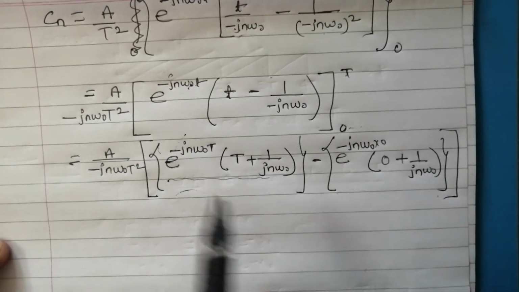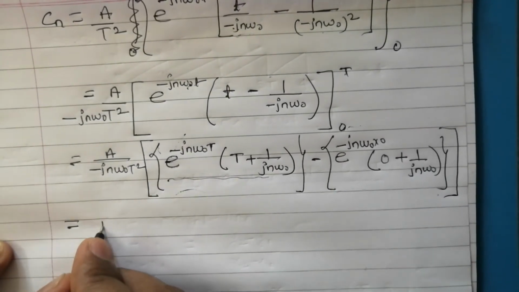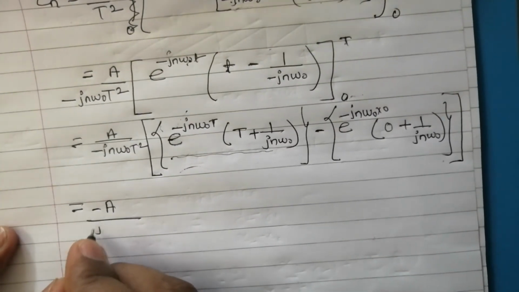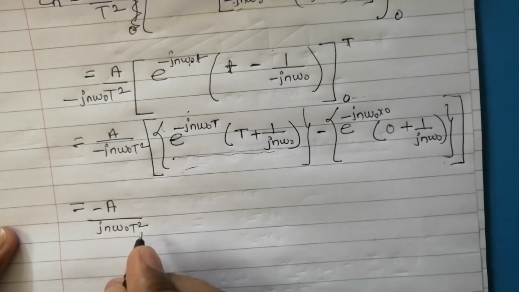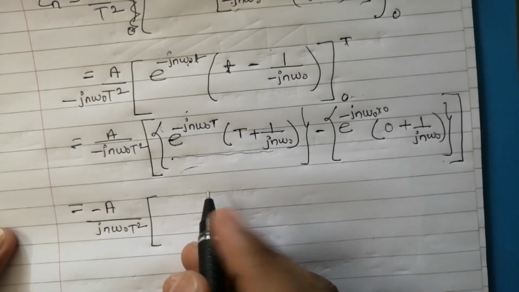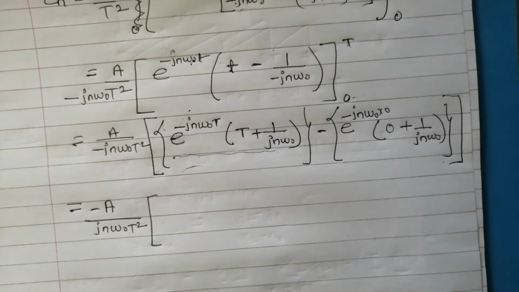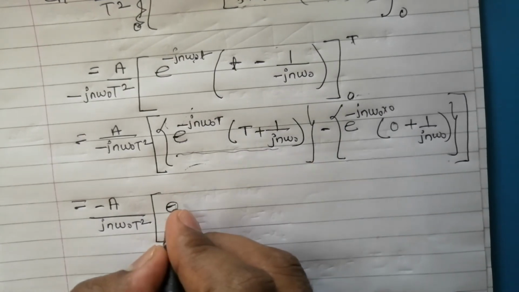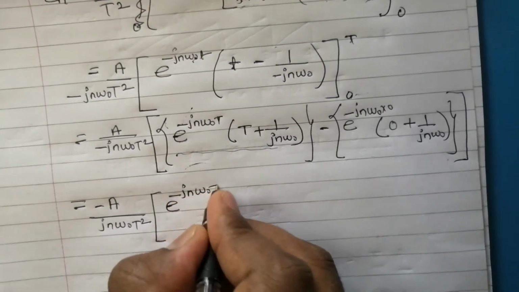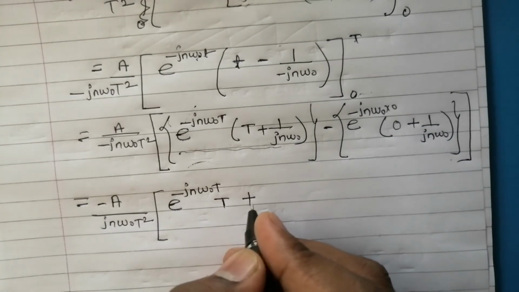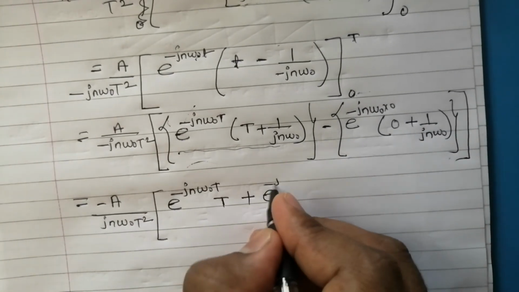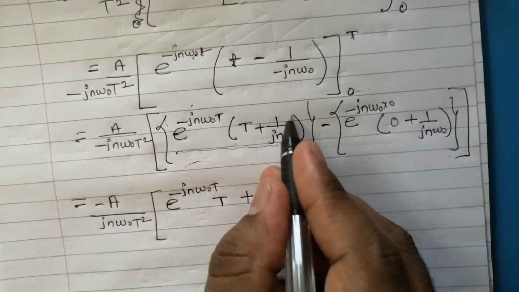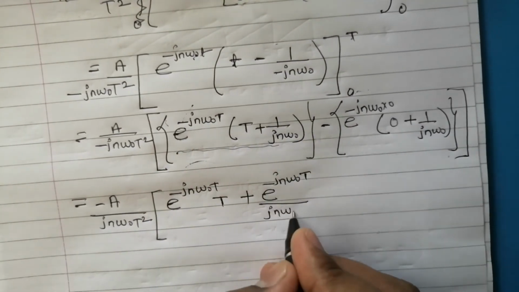Okay, now simplify it. This minus I am writing here, A upon jn omega naught T square in bracket. So just write it: e raised to power minus jn omega naught T into T plus e raised to power minus jn omega naught capital T, this multiplication with this part, divided by jn omega naught.